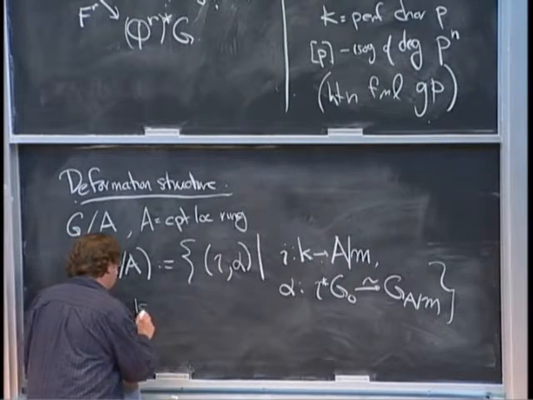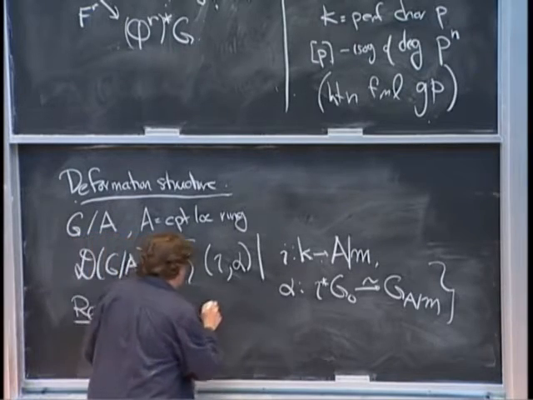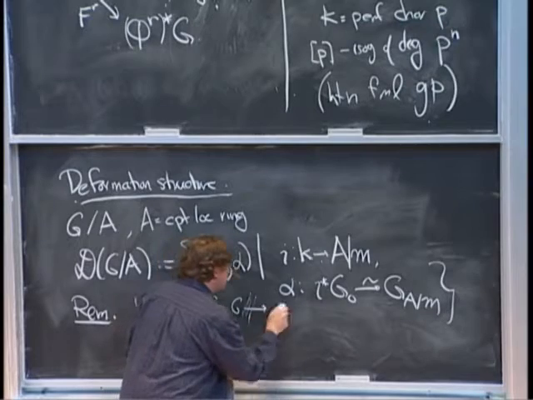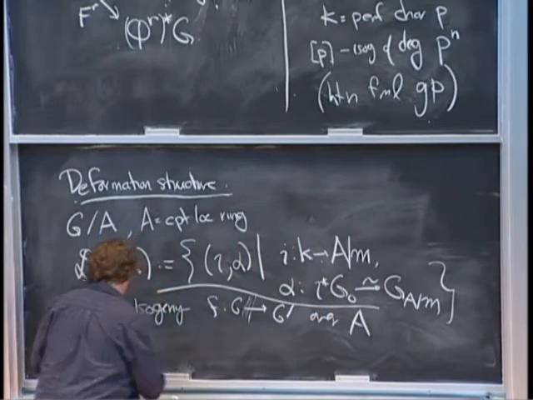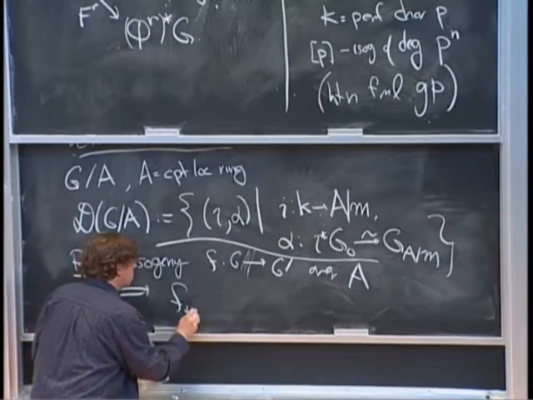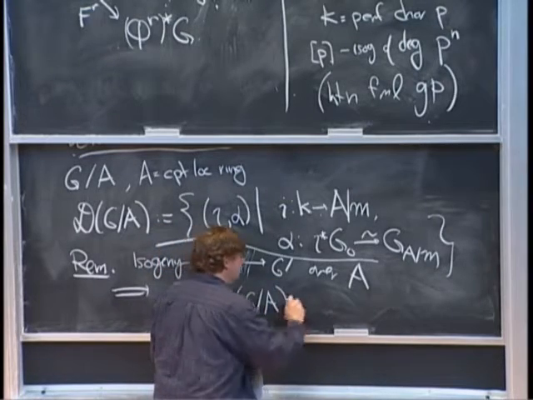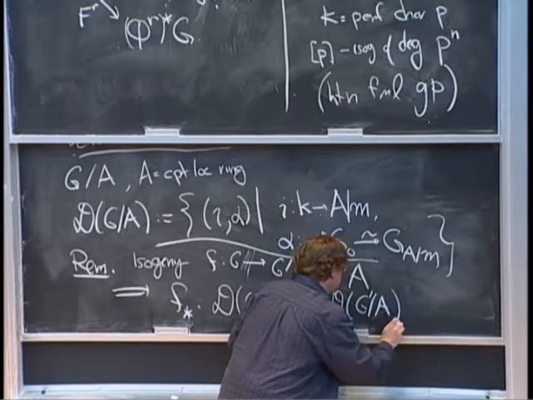So if I have an isogeny, say G to G prime, defined over A, then I have a corresponding map, called F lower star, from the set of deformation structures on G to the set of deformation structures on G prime.